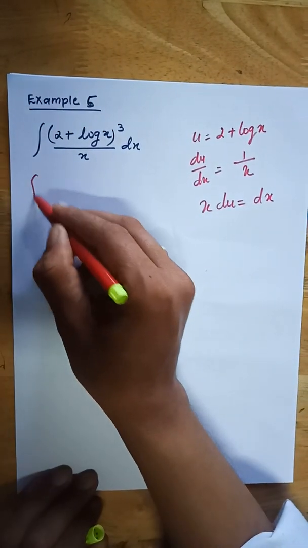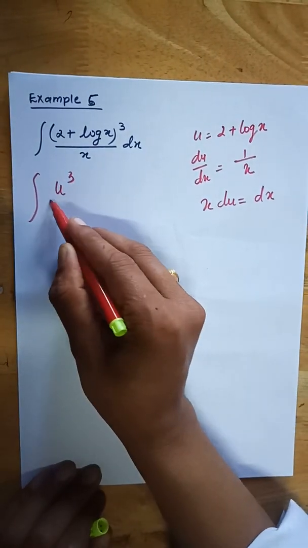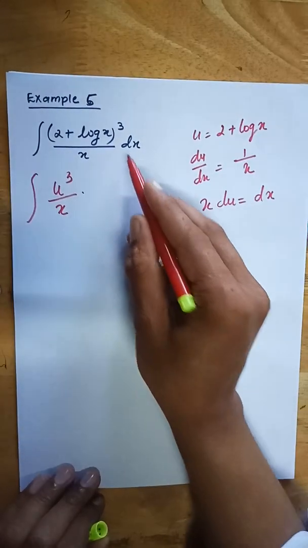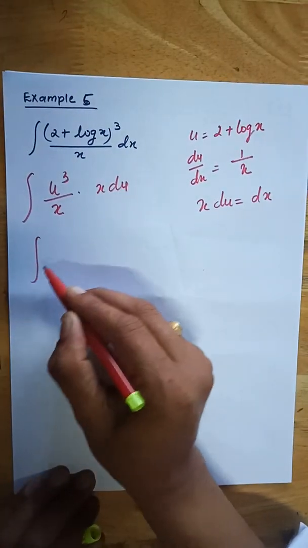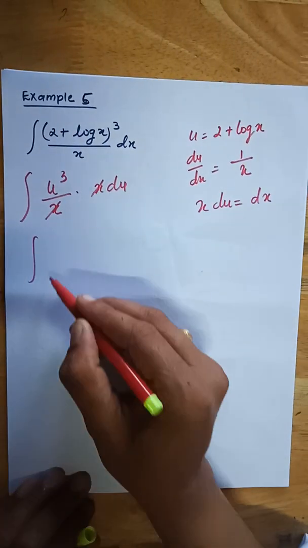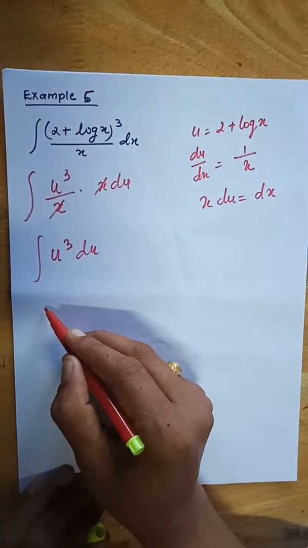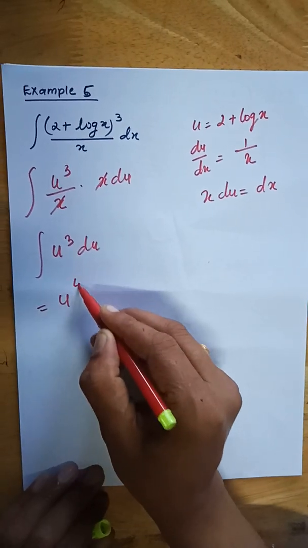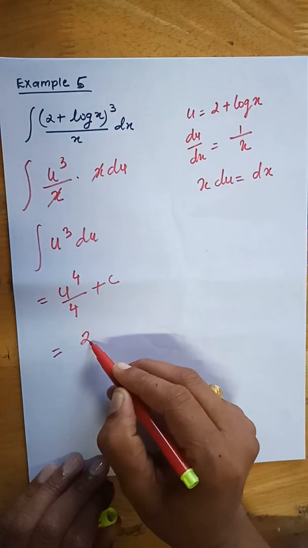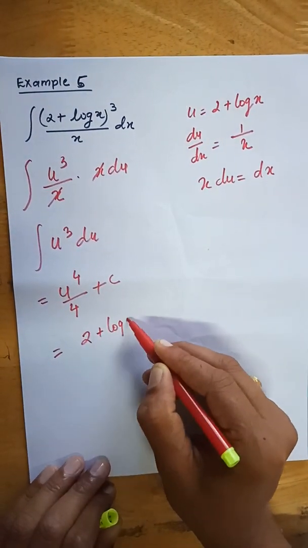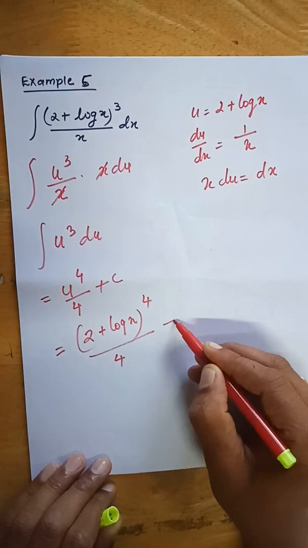Replace it here. This whole thing becomes u to the power 3 divided by x, times x du. The x gets cancelled, so integration of u to the power 3 du becomes u to the power 4 divided by 4 plus c. Replace u: 2 plus log x to the power 4, divided by 4, plus c.